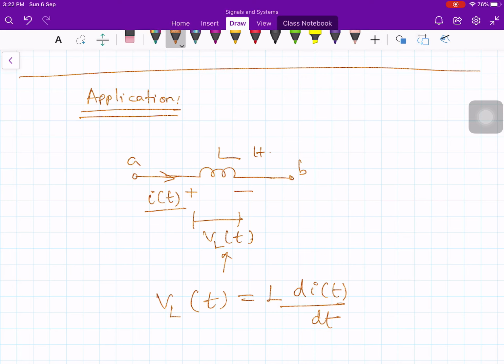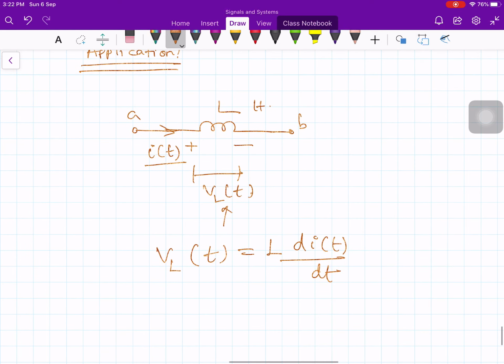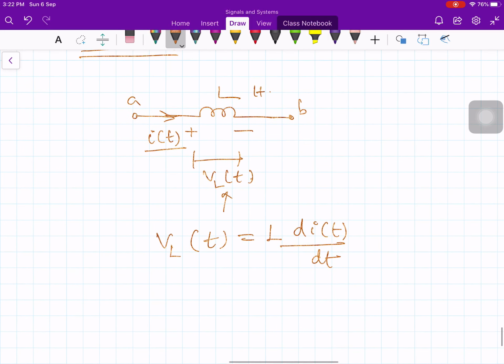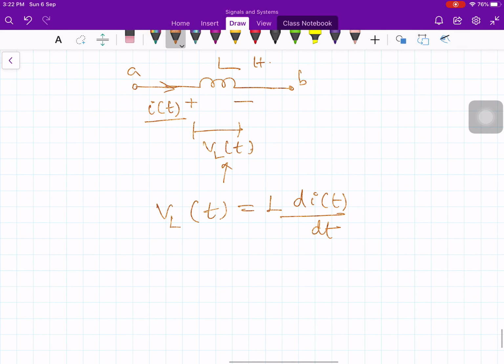Okay, now if you know the Laplace transform of the current i of t, then we should be able to find out the Laplace transform of the voltage vL of t, because we know the differentiation property of the Laplace transform, which we just studied. Now assume that i of t has Laplace transform capital I of s, small s. So if you take the Laplace transform of the left hand side and the right hand side respectively, then both are equal.